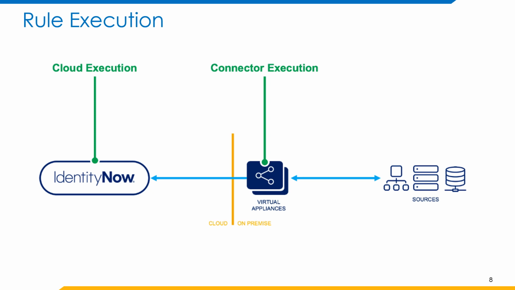Let's discuss connector rules. Connector rules are the rules that are executed in the IdentityNow virtual appliance. They are usually extensions of the connector itself. The rules are particular to certain connectors, since they are frequently applied to carry out complex connector-related tasks.